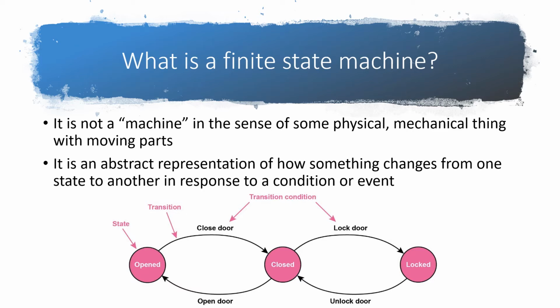So as you can see there, we've actually got a simple state transition diagram that shows our three states, which are opened, closed, and locked. We've got the transitions, which represent the arrows, and they're directed to show what state it's moving from and to. And also we label the transition to say what the condition is, or for example, what the input is.